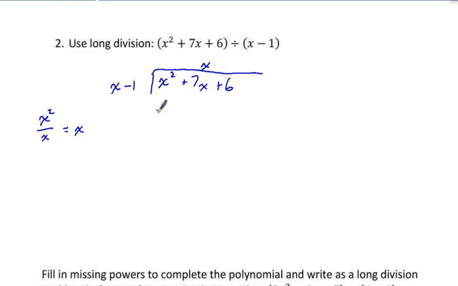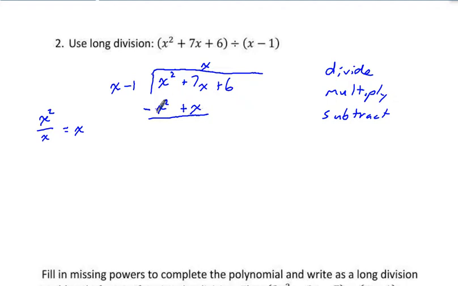So x times x is x squared. X times -1 is -x. We have done divide, multiply. Now we subtract. When you subtract, we're going to distribute a -1 to the x squared and the x term, so that will become positive.